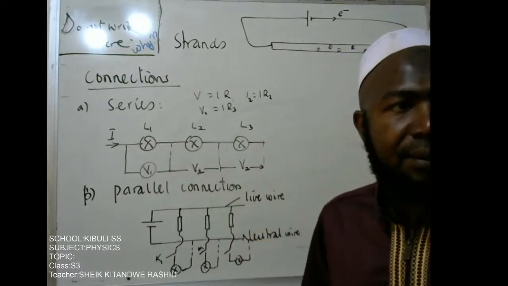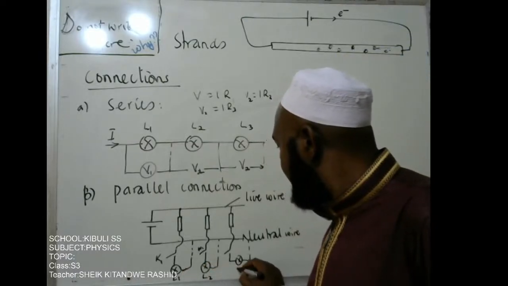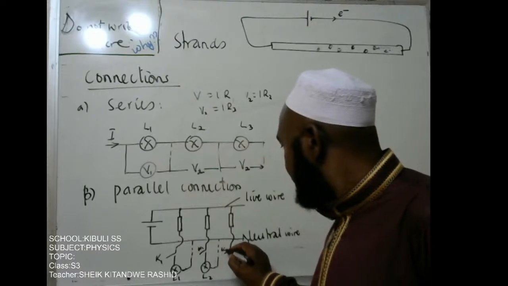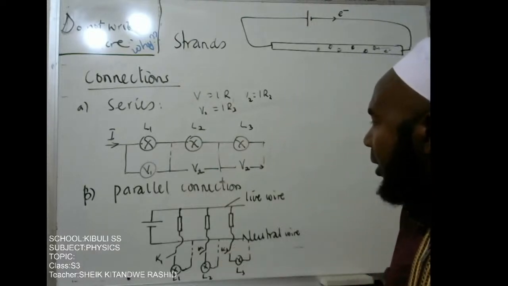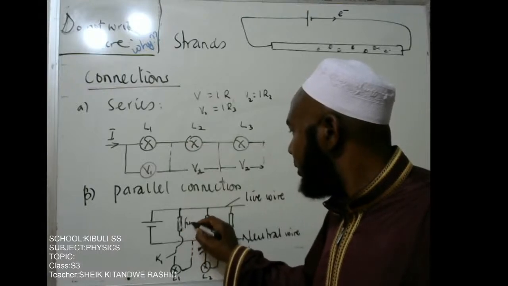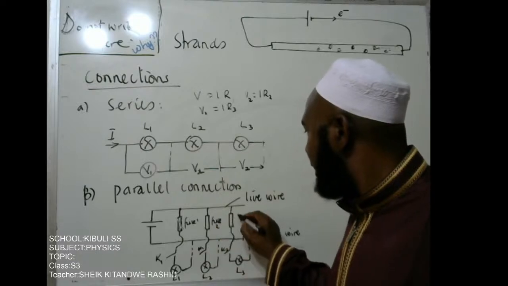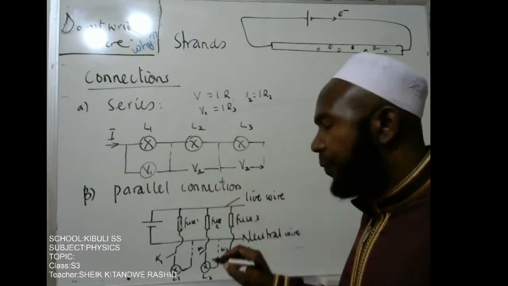So you can have lamp L1, lamp L2, lamp L3. Now, when you connect them, these are just fuses. Fuse 1, fuse 2, and then fuse 3.